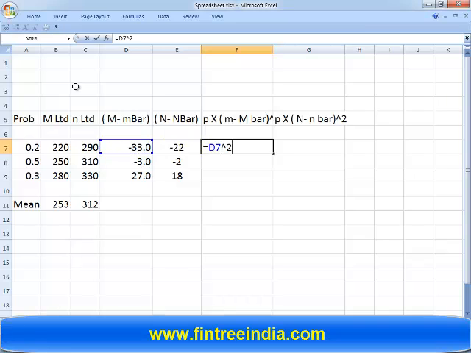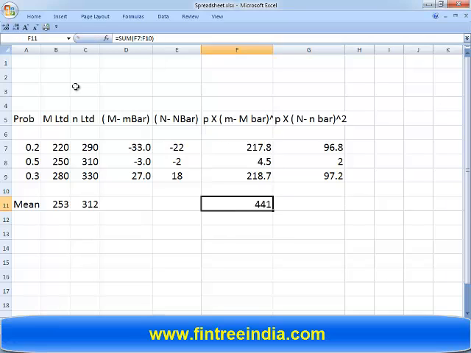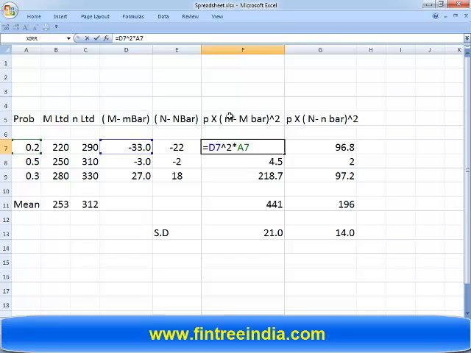So 33 raised to 2 multiplied with probability, and this side we will say 22 raised to 2 multiplied with probability, and then we will take the square root of the total of these, and then we will say standard deviation is equal to 21 and 14. So 33 raised to 2 multiplied with 0.2.